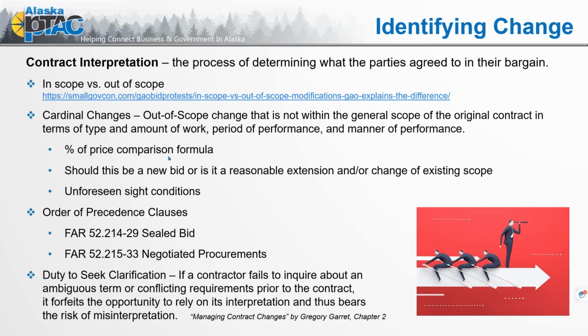Sometimes the agencies say, well, if it's 20% over the overall contract price, I'm not going to go into this too much, but I just want you to know there are these processes, the percent of change comparison formula. And then for a cardinal change, is it significant enough that it should be a new bid, or is it a reasonable extension and or change of the existing scope?